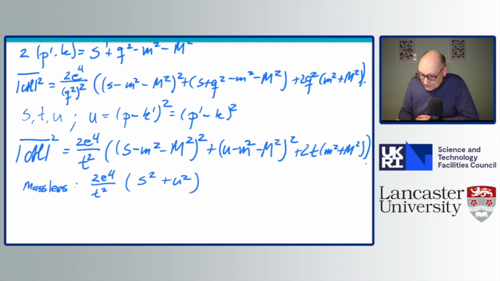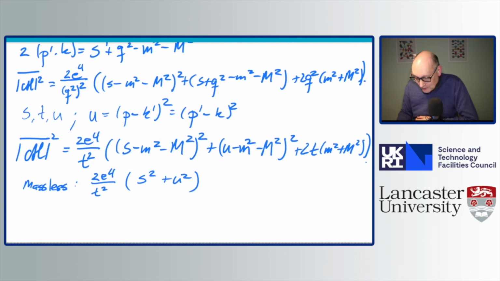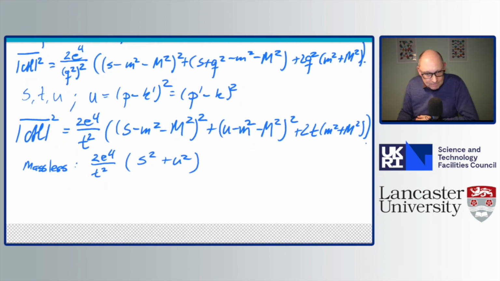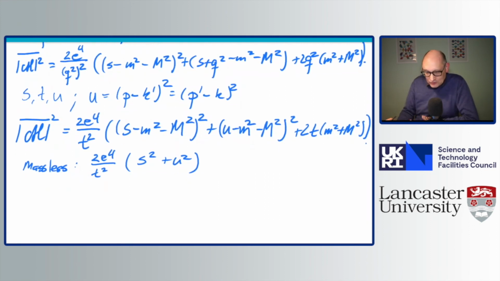But here is the full expression, including the mass terms for the muon and the electron. Now, in order to get the cross-section, one would then need to integrate over the scattering amplitude. But let's celebrate for a moment that we've expressed here the scattering amplitude in terms of invariants.